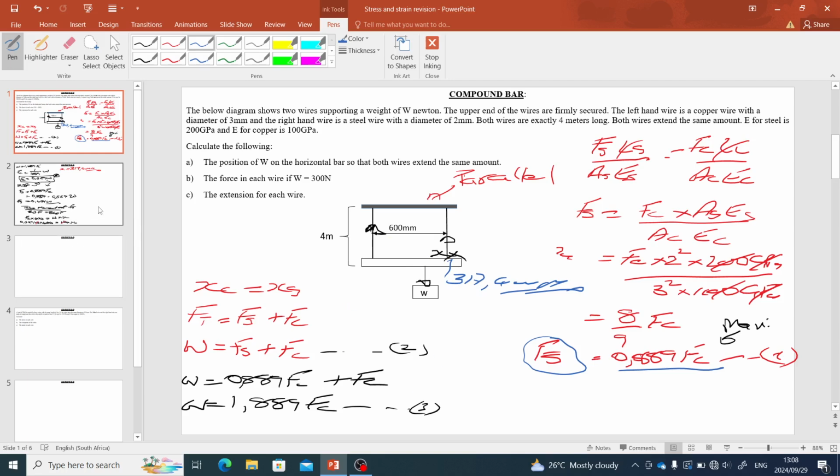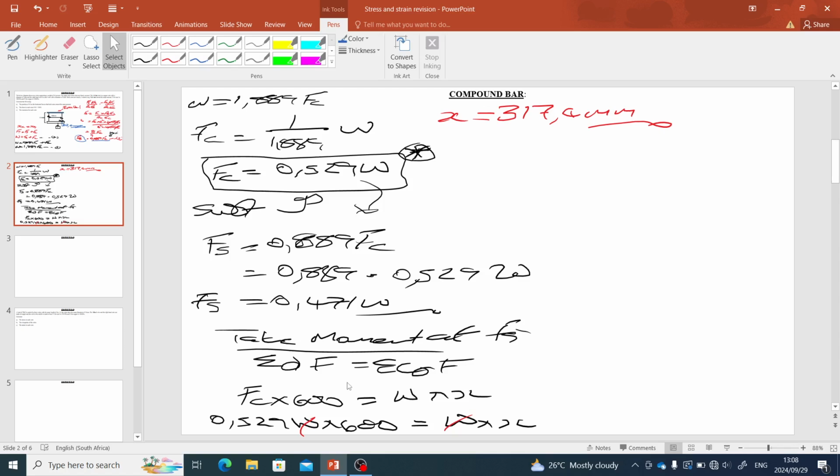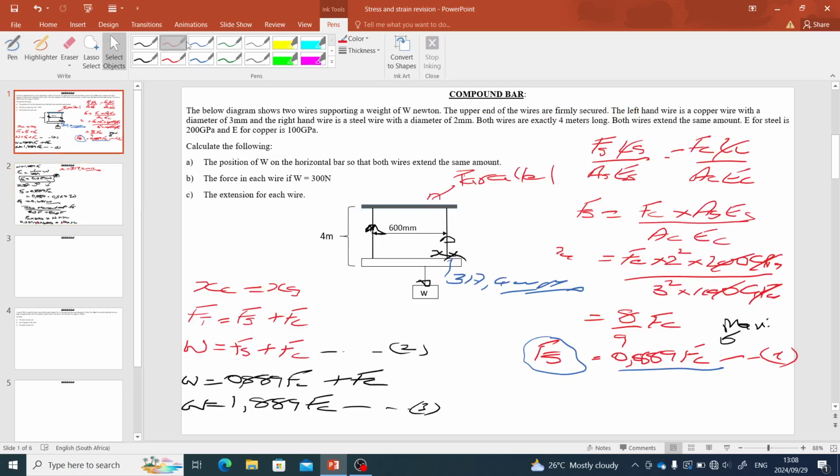But let us now take moments. We took moments at FS. Let's take moments now at FC. If we are taking moments at FC, let's look at the diagram. This is where we have taken moments, and the forces will be rotating towards where we have taken moments.